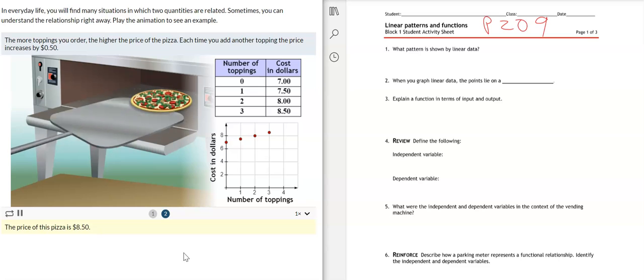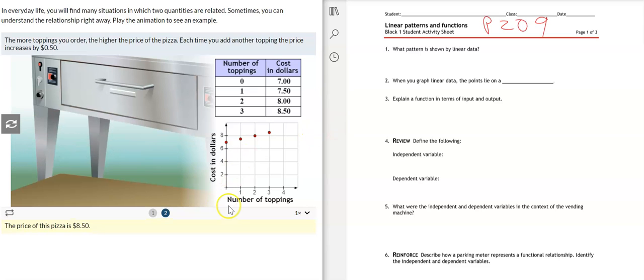Now the price of the pizza is $8.50. So, as you can see, 0 toppings, $7, 1 topping, $7.50, 2 toppings, $8, 3 toppings, $8.50. And as you can see in the graph, it goes along the same lines.